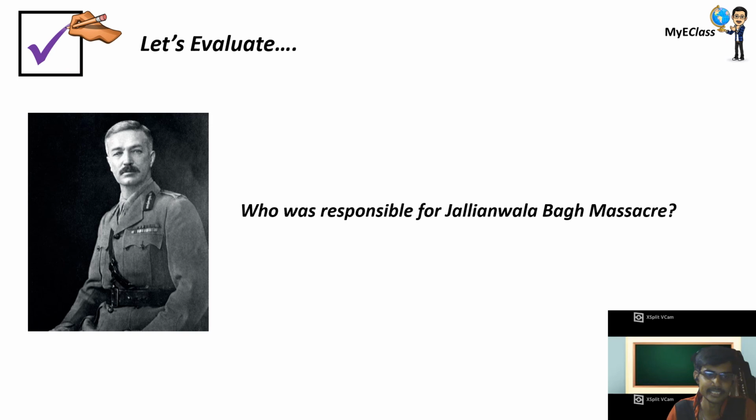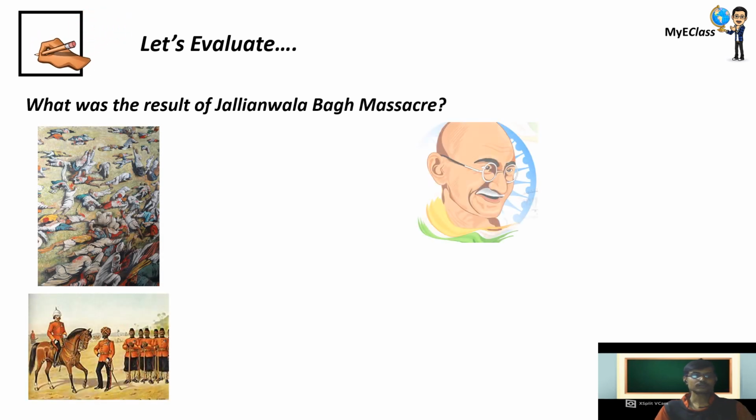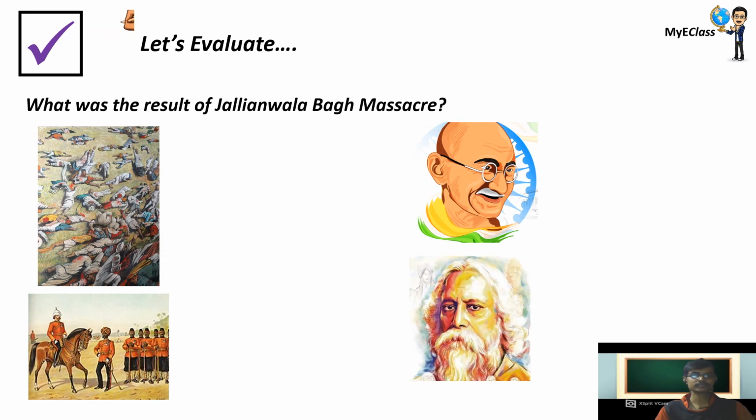It's none other than General Dyer. Can you recall what are the results of the Jallianwala Bagh massacre? You can take the help of the images on the screen to recall the results of the Jallianwala Bagh massacre.